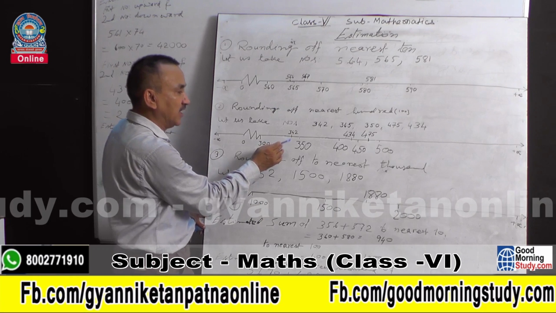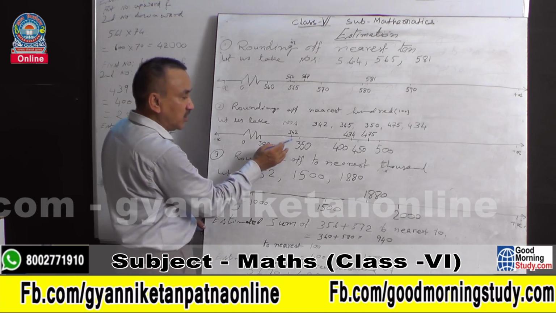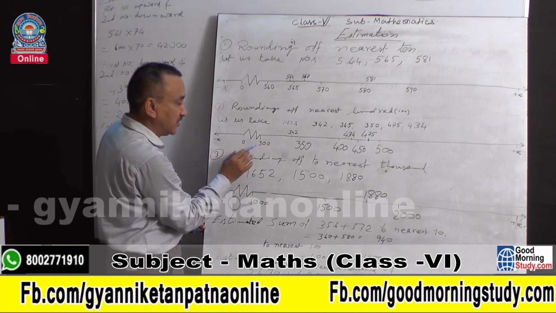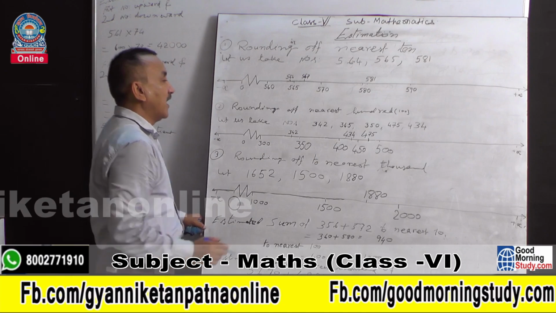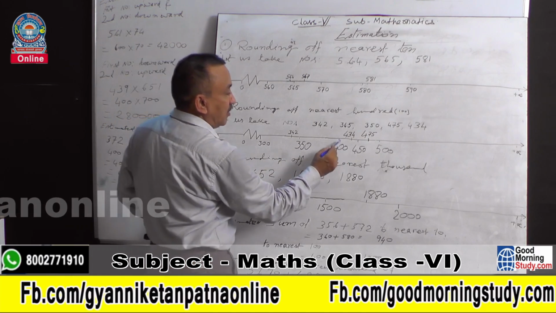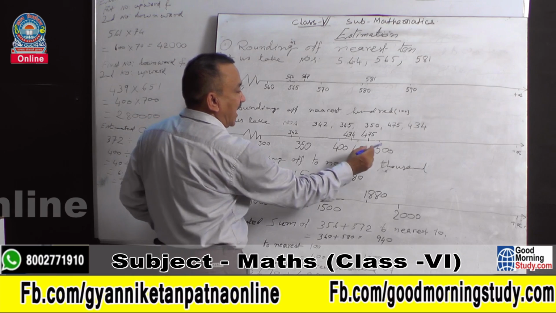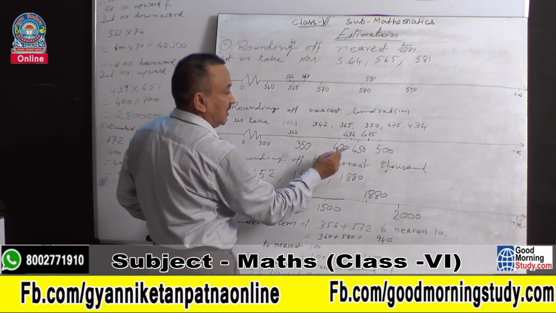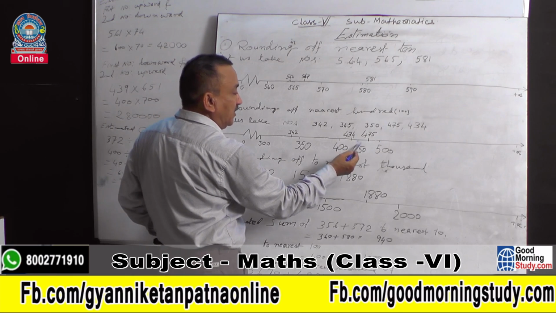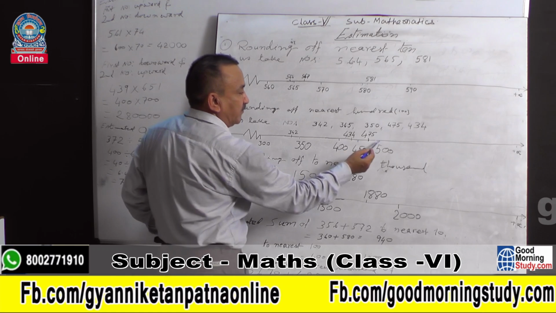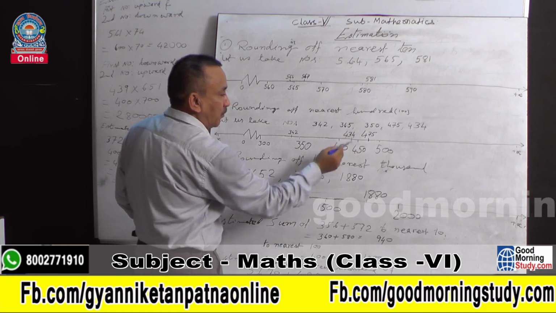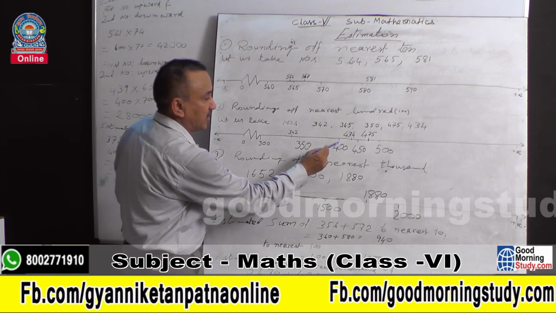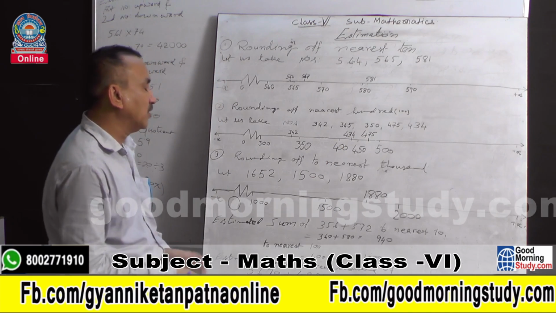Now 342 falls just left of 350. So what are we seeing? We are seeing that the nearest 100 of 342 is 300, not 400. In the same way, between 400 and 500, you are seeing that this is 450, the nearest 100 of 450 must be 500, and for 434 the nearest 100 is 400. Now from this, what are we saying?